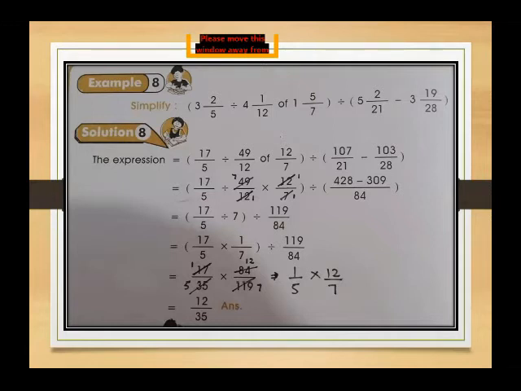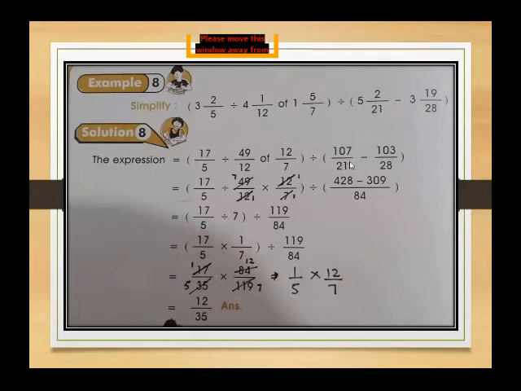Okay, now when we take the LCM, it is 84. 21 fours are 84.